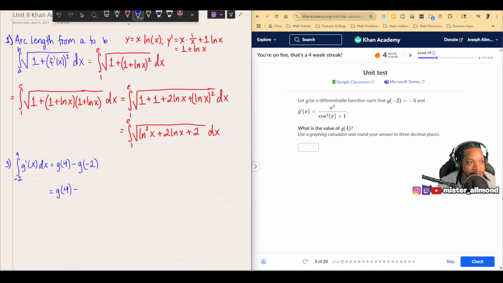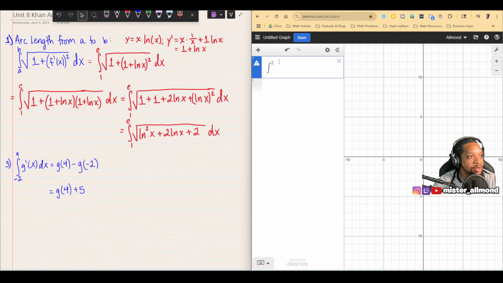And then the integral of g prime, I'm going to do that with a calculator. Let's see here. I'm going to go to Desmos. And then we are trying to find the integral from, what was it, -2 to 4 of that function, which was x squared over cosine squared of x plus 1.